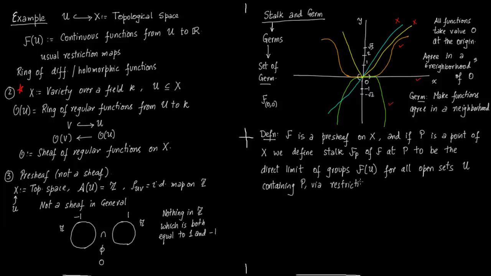Direct limit we are talking about in the terms of category theory. So we will just draw some figures and it will be clear. You should be able to link this definition to the motivation just given above.